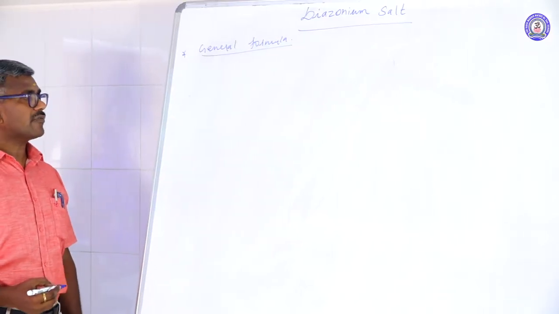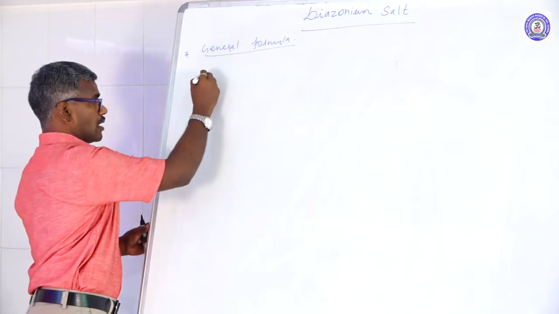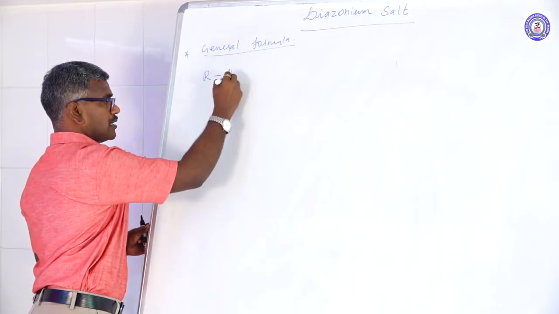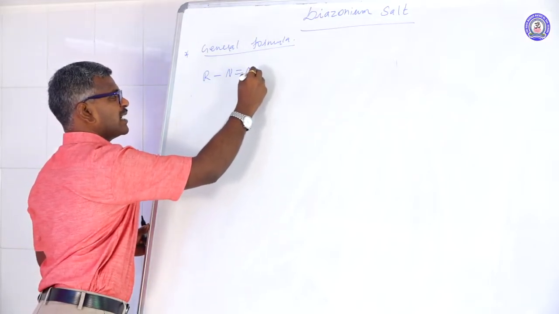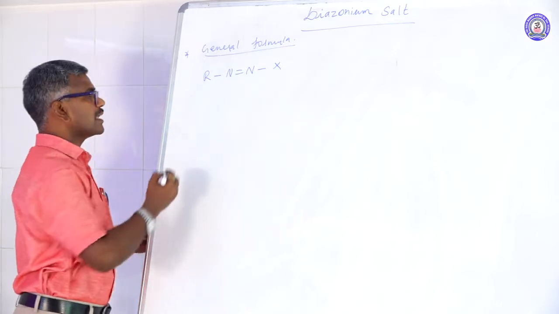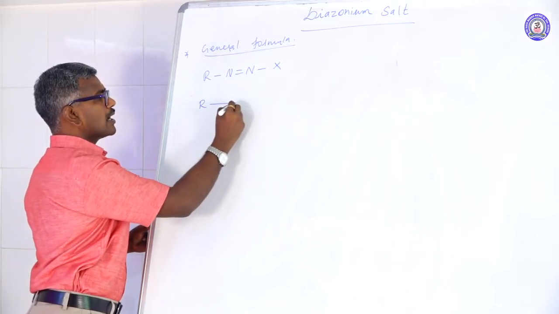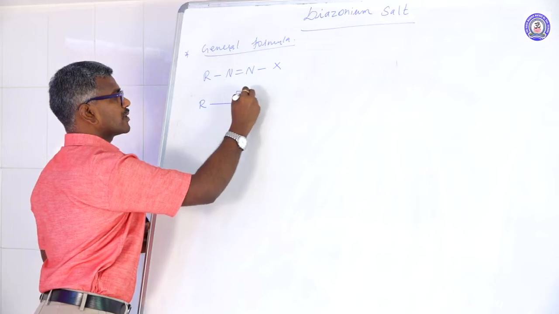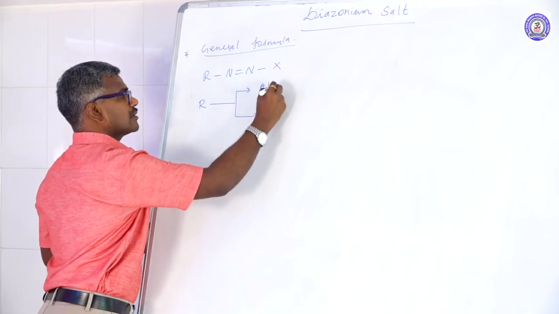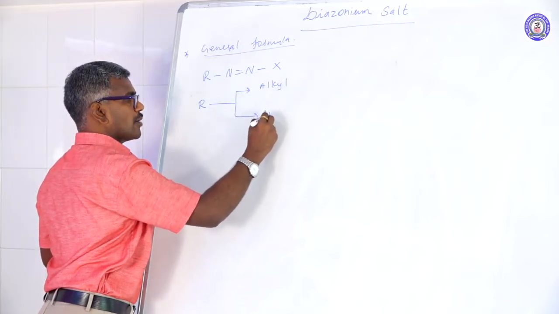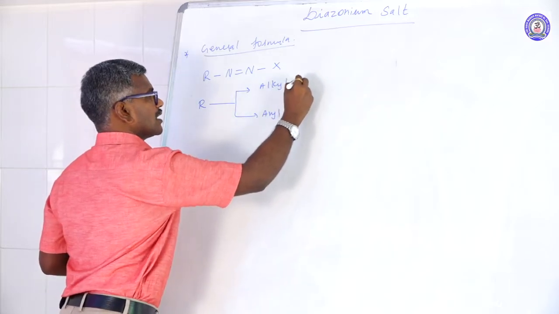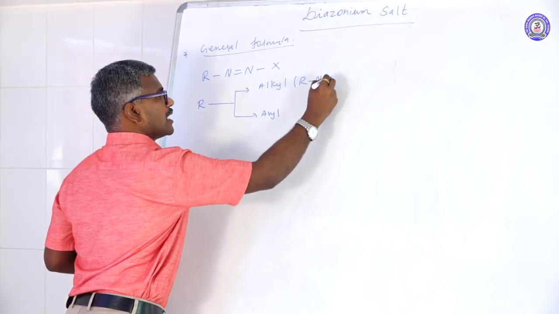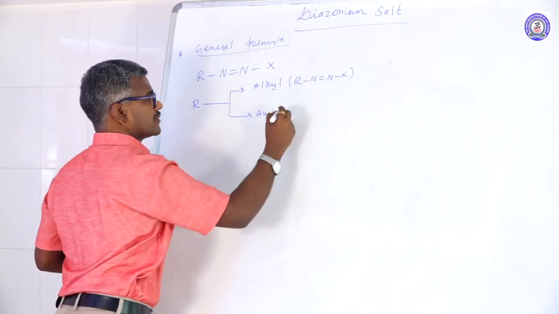What is the general formula for diazonium salt? R N double bond N X. Here R may be called alkyl or aryl compounds. That is R N double bond N X.